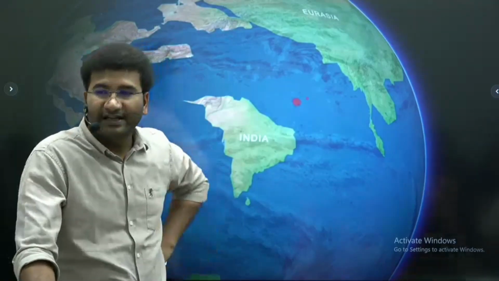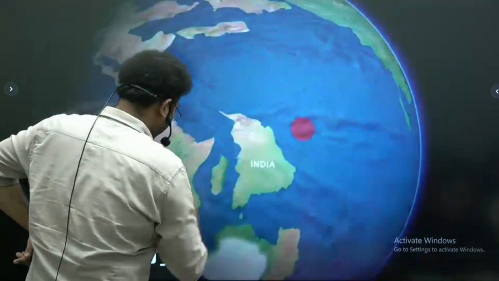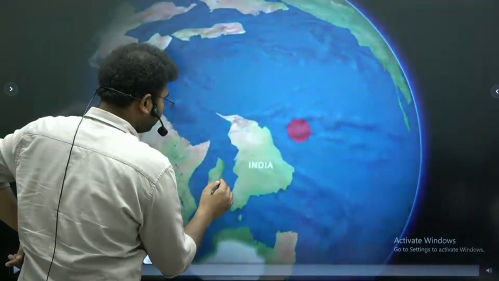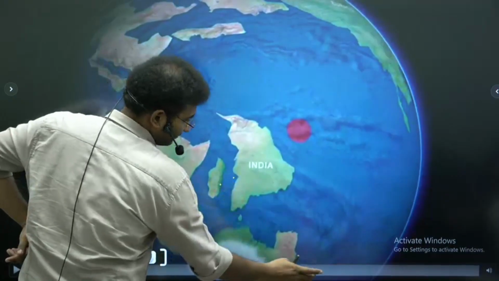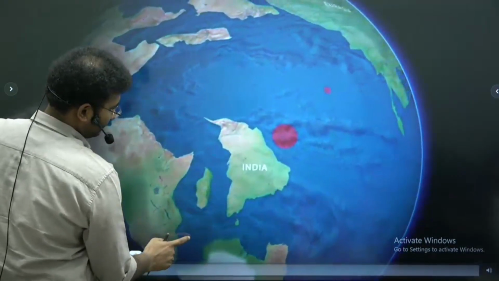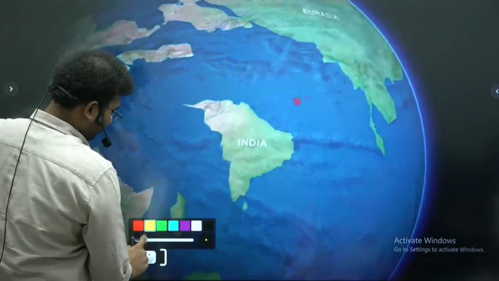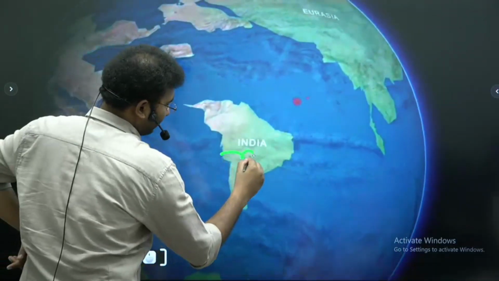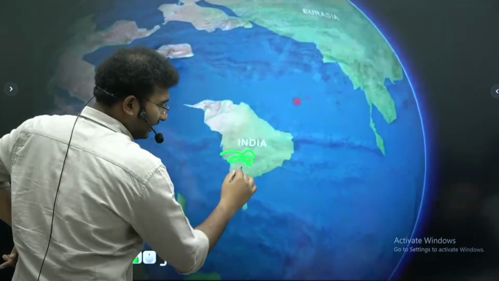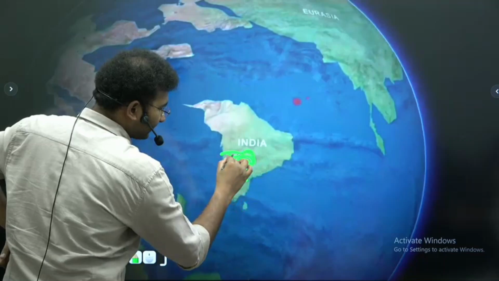Now, the place where Deccan traps was there, this is the place where the volcanoes started to outpour. See, the volcanoes started to outpour like this. And here, the highest volcanic activity you got to see.